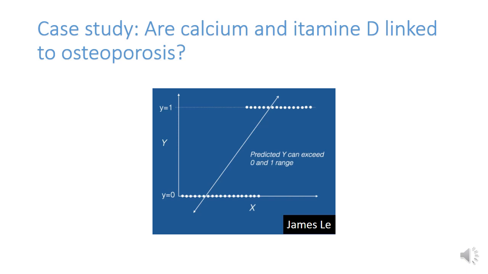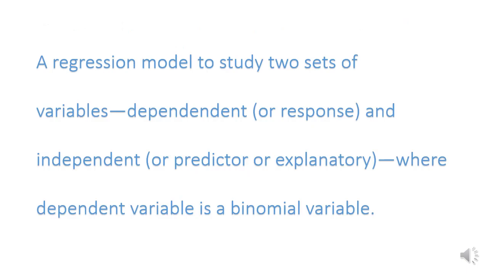So let's explain what is logistic regression. It's essentially a regression model to study two sets of variables where the dependent variable is a binary variable, but also more generally any categorical response variable. Now, the dependent variable is also known as the response variable. And the other set of variables that you need to deal with is the independent variables.